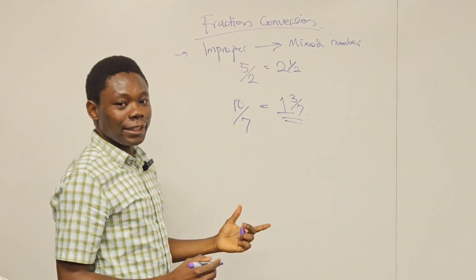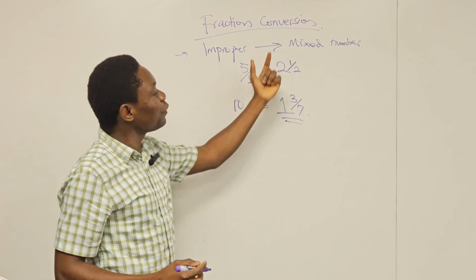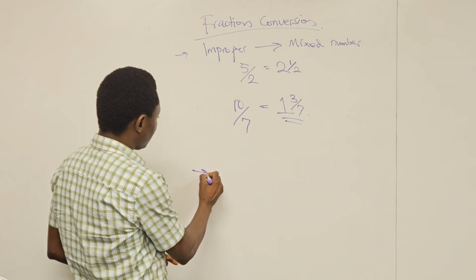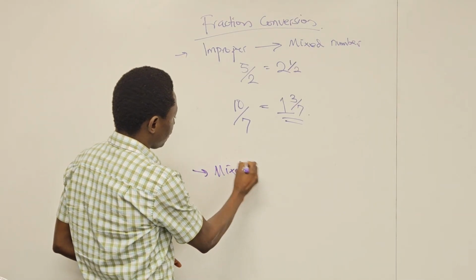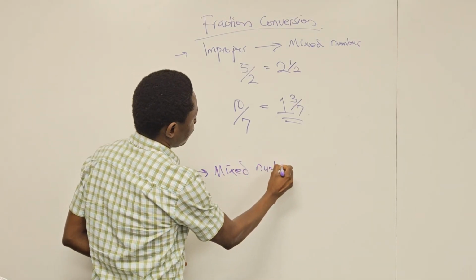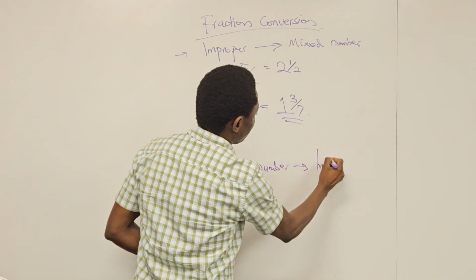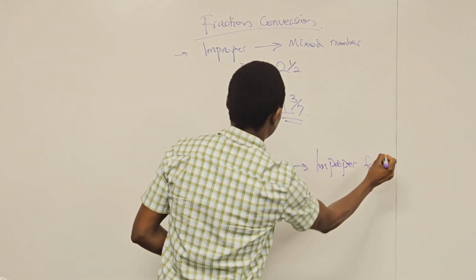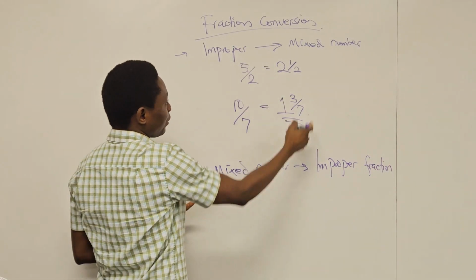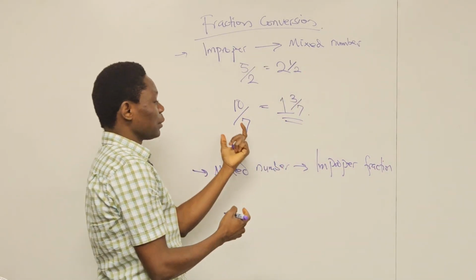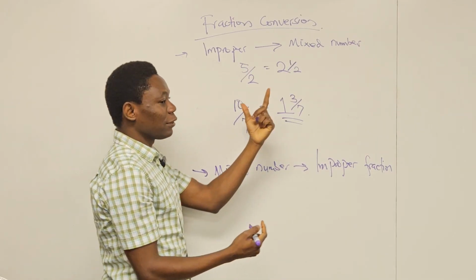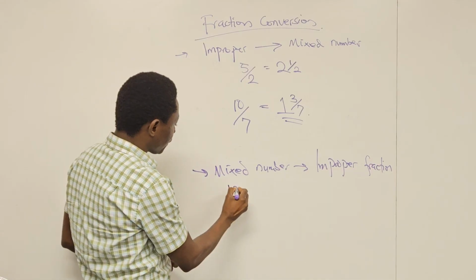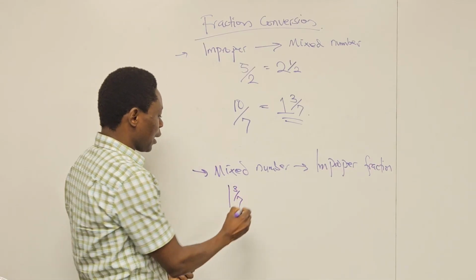Now, the reverse also works. We can convert from a mixed number to an improper fraction. So, mixed number to improper fraction. Let's pick this mixed number, which we derived from this improper fraction, and try to convert it back to an improper fraction. So we have one whole number, 3 over 7.